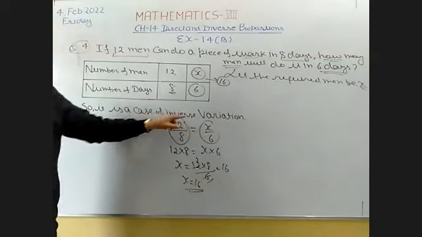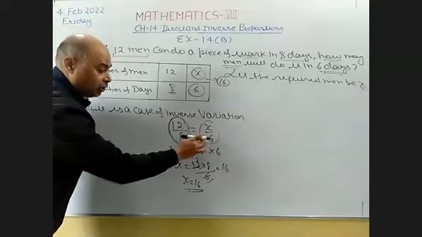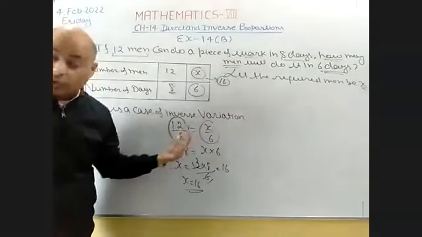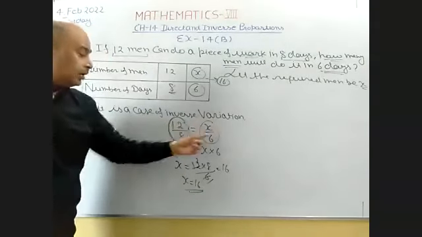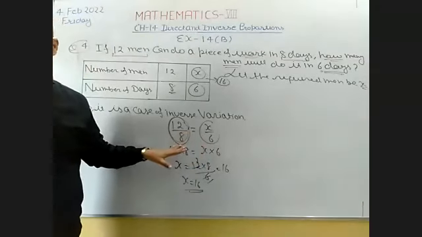But in the case of inverse relation, you multiply 12 into 8 and x into 6. Don't take cross multiply. In this way, you find the value of x.